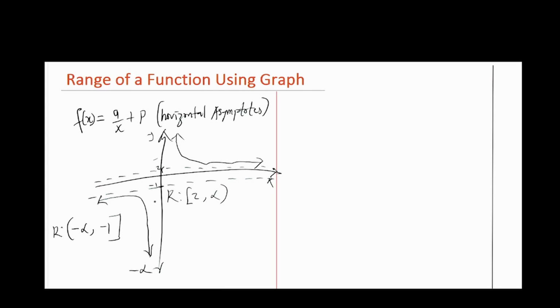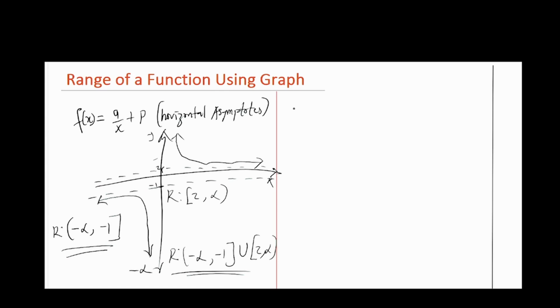Let's say this is one function and we want to find the range. Remember, you start from the lowest, from the lower part. So we have minus infinity to -1 union 2 to infinity. This gives us the range of this hyperbola function.